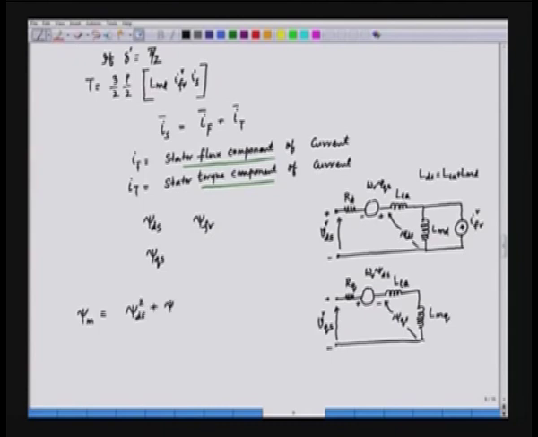plus psi qs square, the total flux linkage, and that is equal to Lds into Ids plus psi FR. Psi FR is equal to Lmd into Ifr.